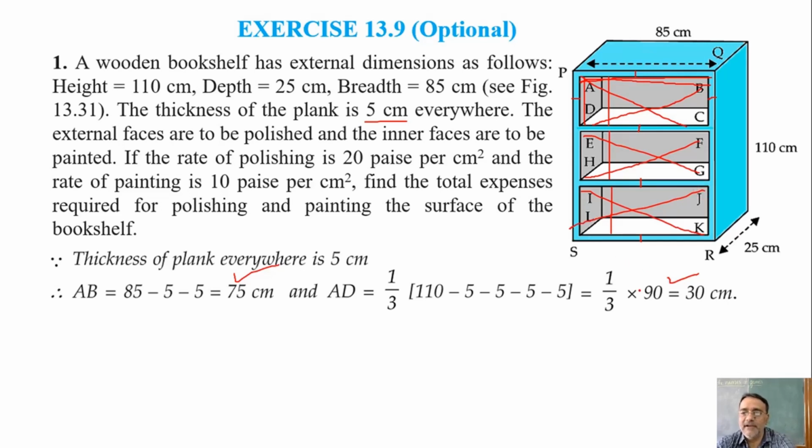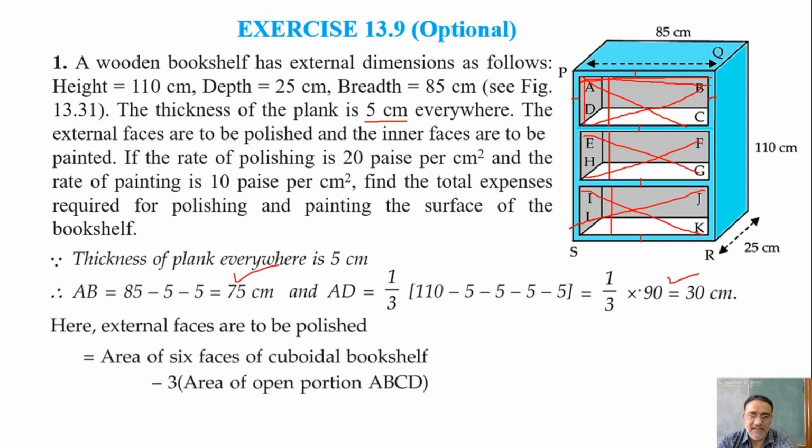So what we will do, area of 6 faces minus area of 3 open portion. Clear hai? Yes, sir. Okay. Area of 6 faces of cuboid, that you know the formula, 2 into LB plus BH plus LH.